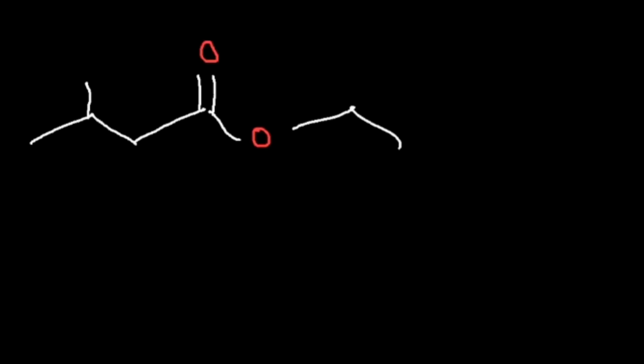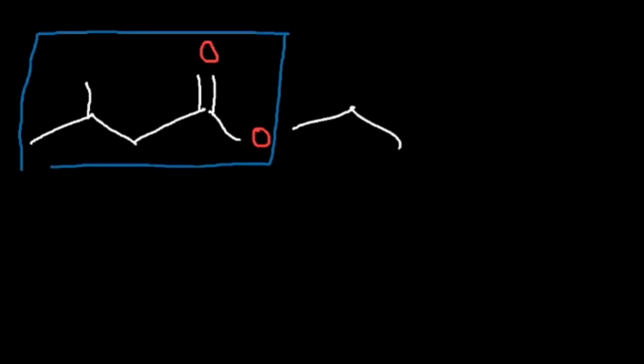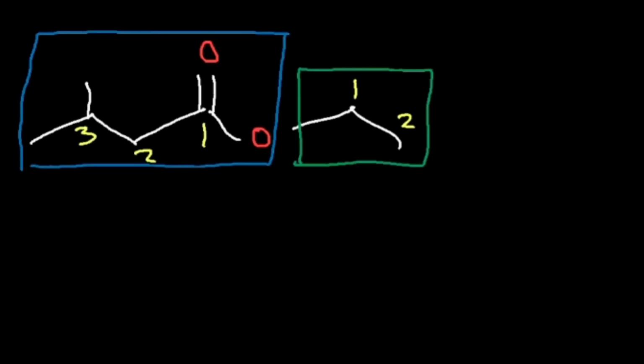So let's separate it into 2 parts. So the left side has the 2 oxygen atoms, and the right side does not. So we have 2 carbon atoms on the right side. On the left, the longest chain is 4 carbons. So let's start with the right side, the part that doesn't have the 2 oxygen atoms. So that's simply called ethyl.